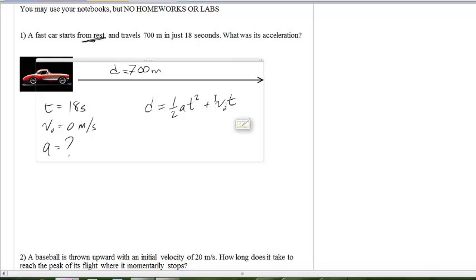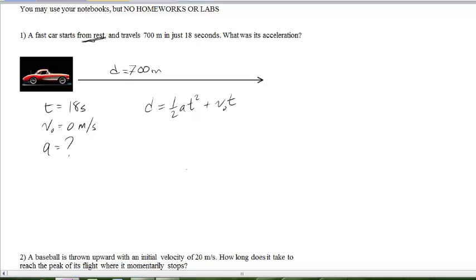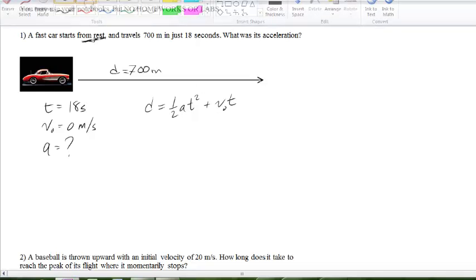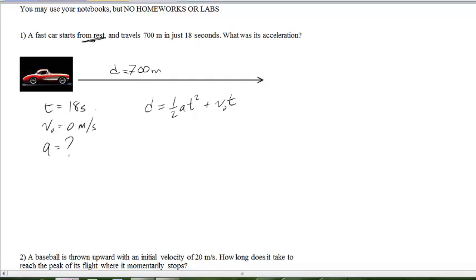What helps us right off the bat is that because the initial velocity is 0, this term cancels. It's going to go away entirely. And then if we take this and solve it for a, I'm going to get 2d divided by t squared.